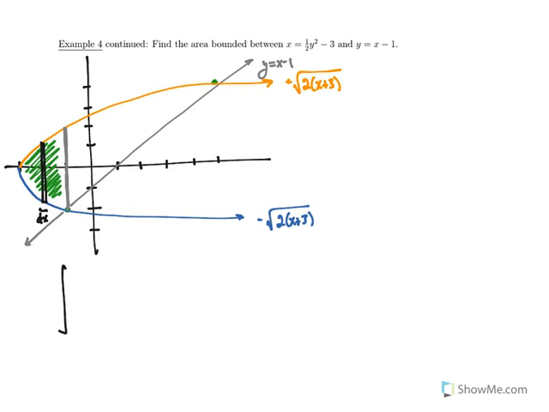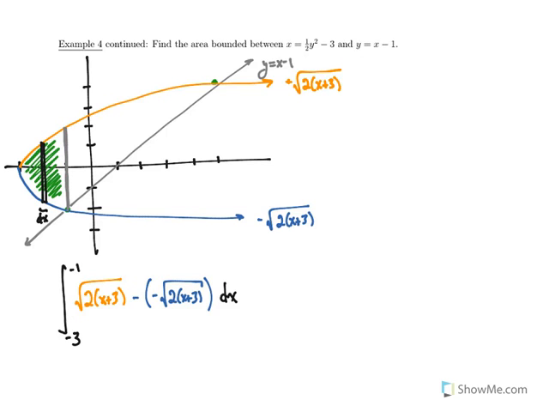That's going to give us positive square root of 2 times x plus 3 minus negative square root of 2 times x plus 3, dx. And the bounds for that integral are going to be from negative 3 to negative 1.